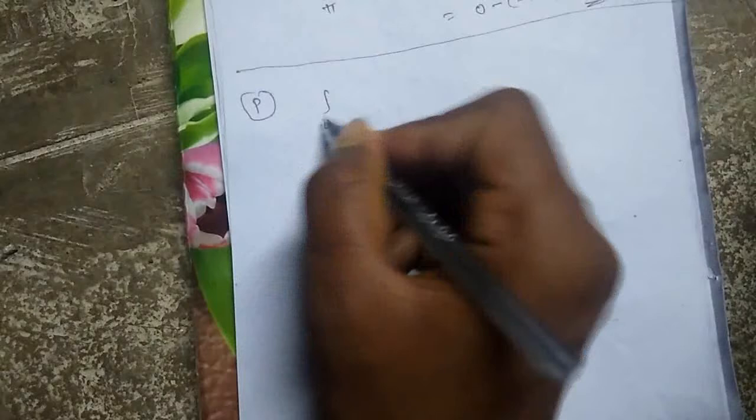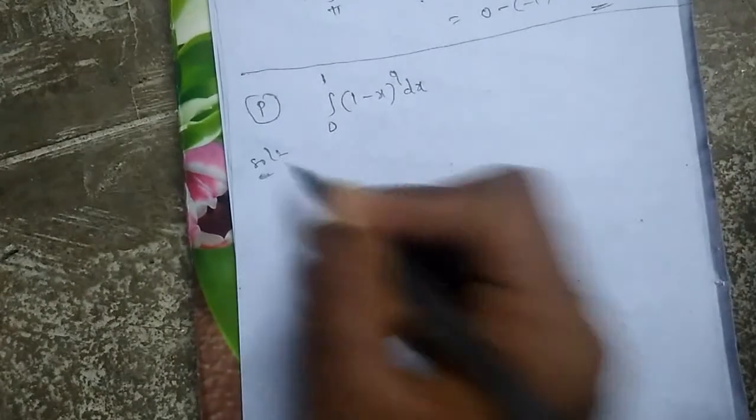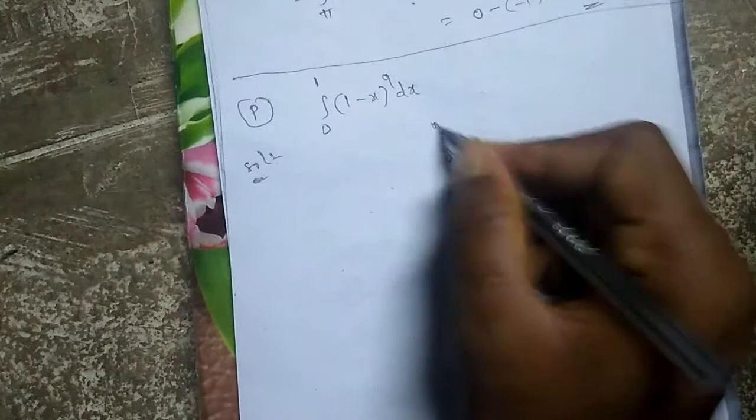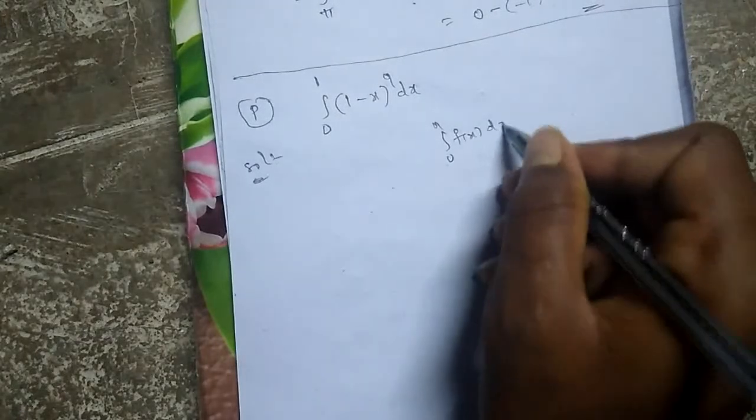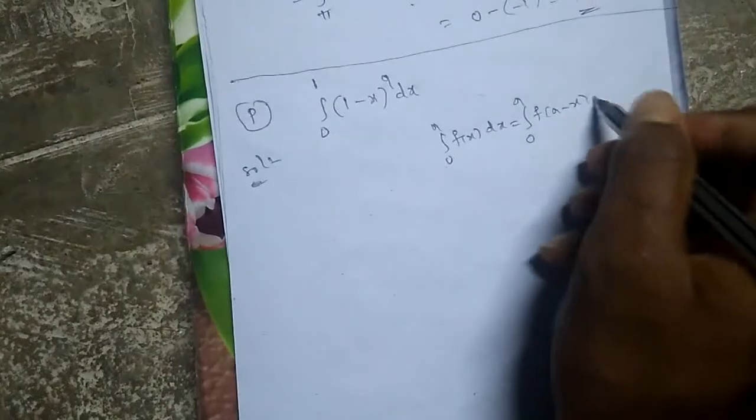Our next problem is the integral from 0 to 1 of x power 9 dx, with the function as written. We have a formula: the integral from 0 to a of f of x dx is the same as the integral from 0 to a of f of (a minus x) dx.